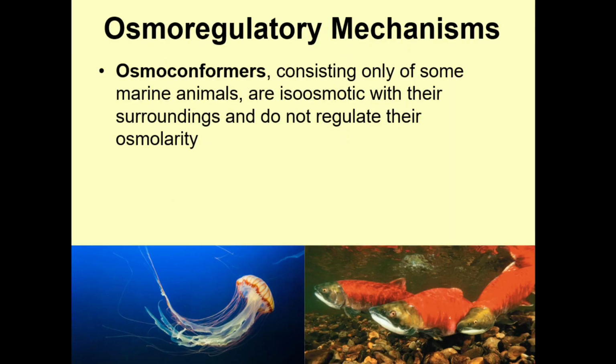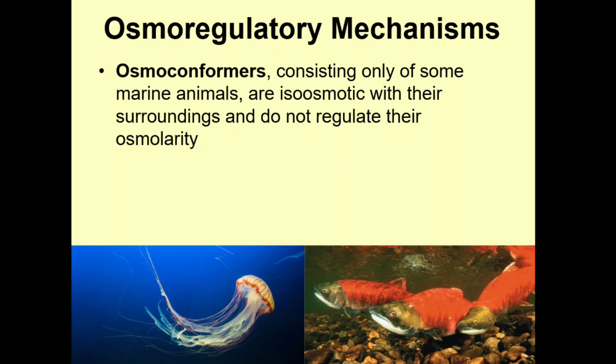So when it comes to osmoregulation and animals, we can put our animals into two different groups. The first group is quite a rare group, and they are referred to as osmoconformers. And as you could probably imagine with a name like that, these are animals that do not invest any energy in osmoregulating, or maintaining an internal osmolarity different to the environment in which they live.